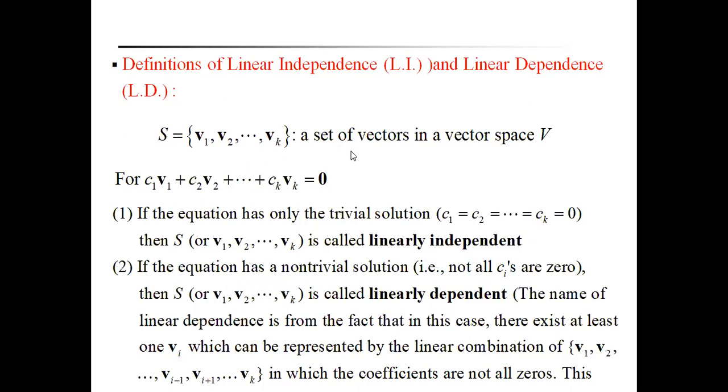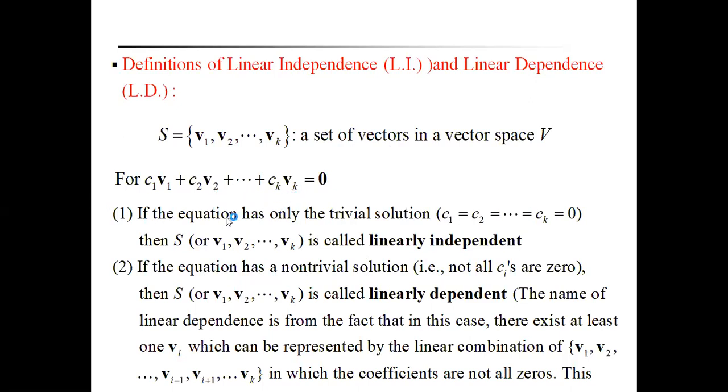The same set having the linear combination C1 V1 plus C2 V2 plus so on Ck Vk equal to 0. If this equation has a non-trivial solution, then the set S is called linearly dependent. That means at least one of the constants C1, C2, Ck is non-zero.